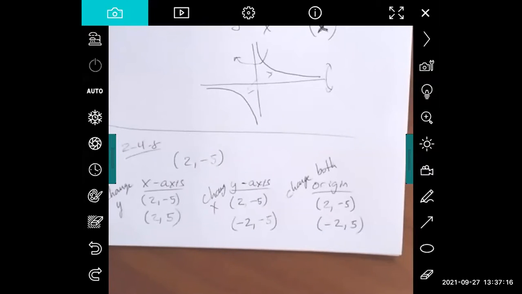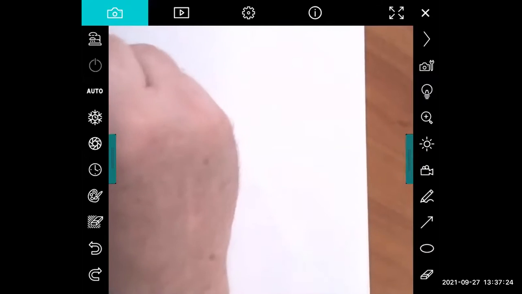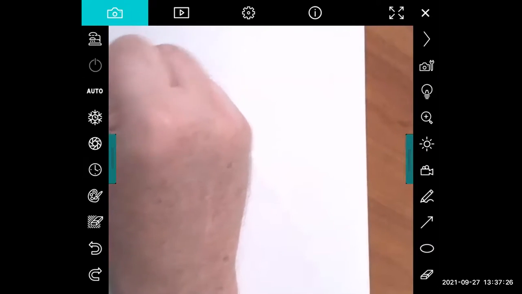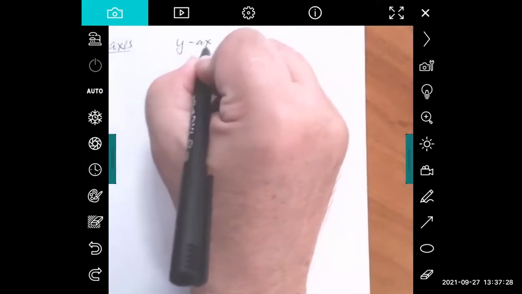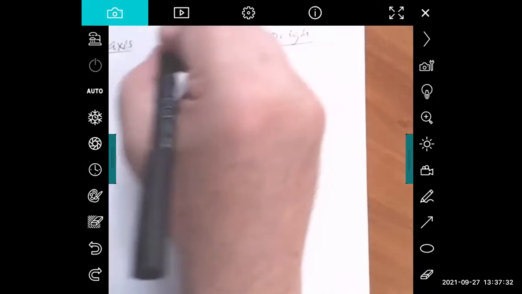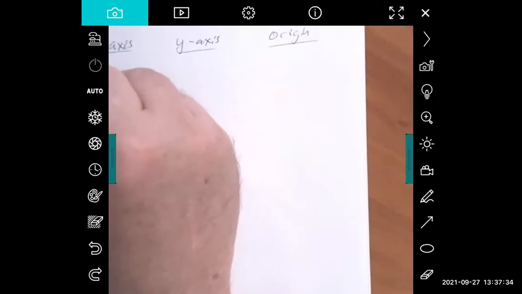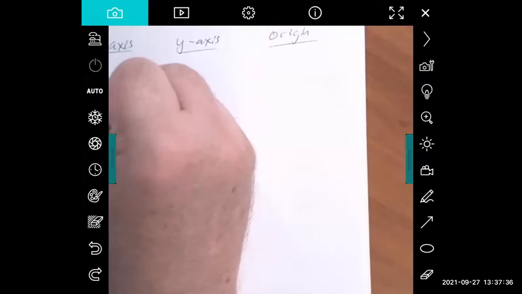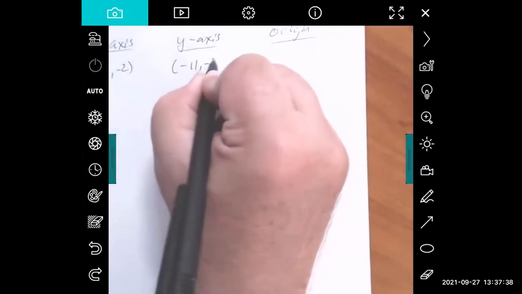Find a point that's symmetric. Now, before I write this down, you should be done already. X-axis, y-axis, origin. Our original point is -11, -2.